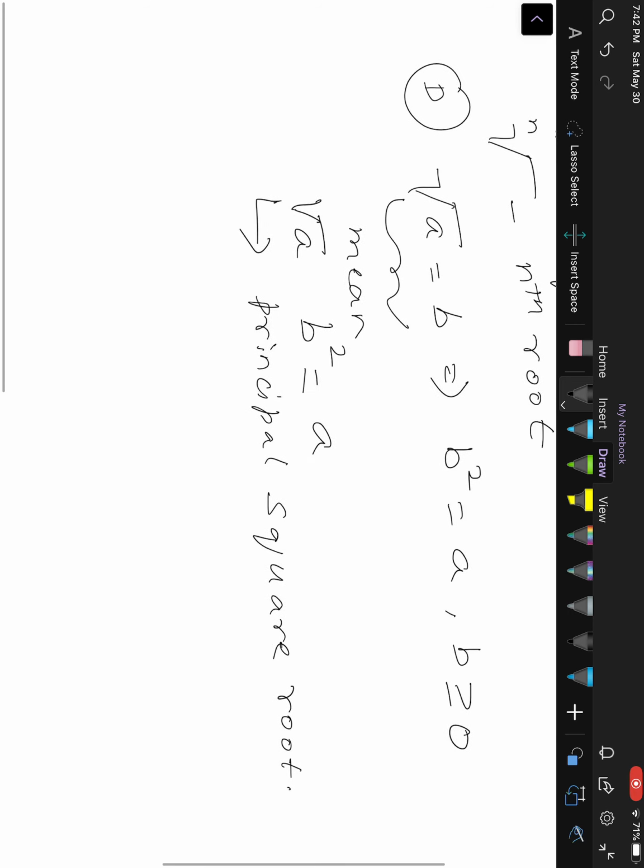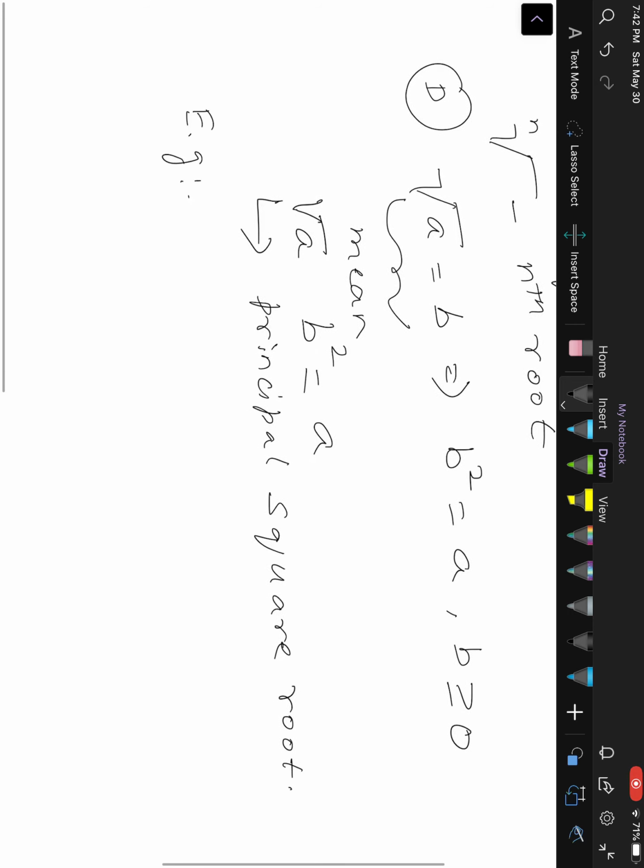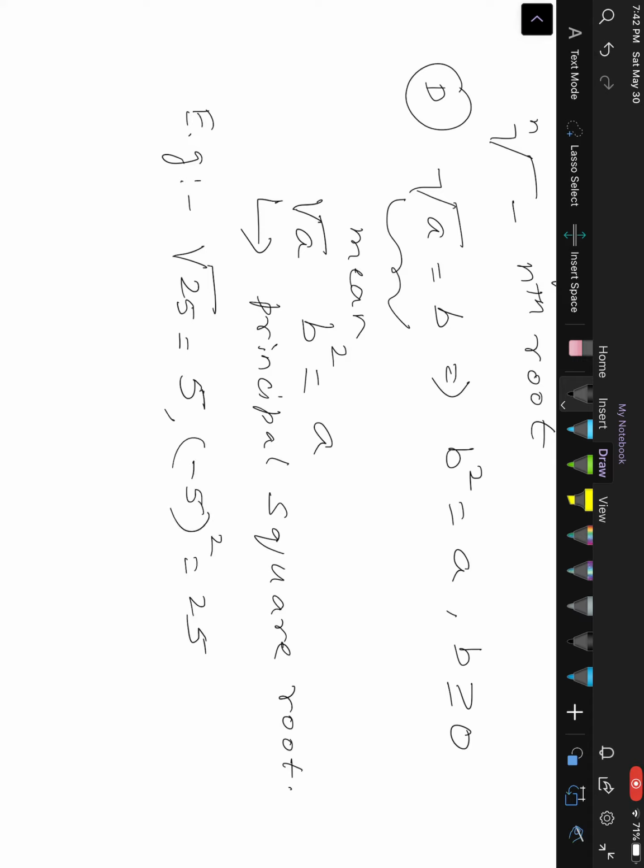For example, consider square root of 25, which is the number that when multiplied twice, or raised to the power of 2, will give you 25. That is 5. Therefore, square root of 25 is 5. You can also say that minus 5 the whole square also gives you 25.